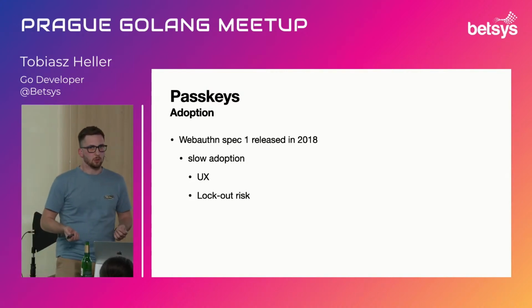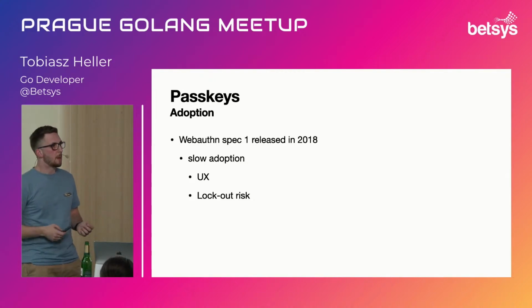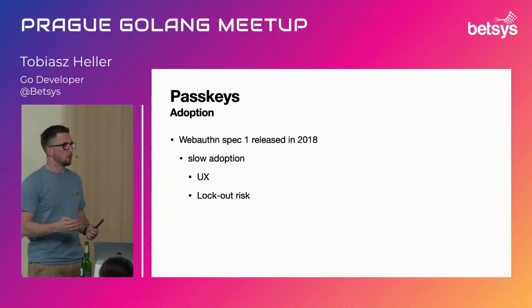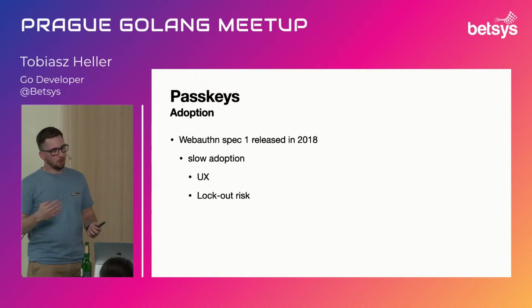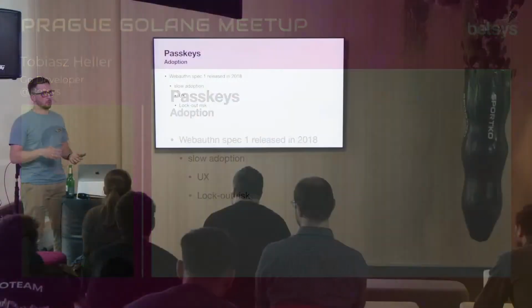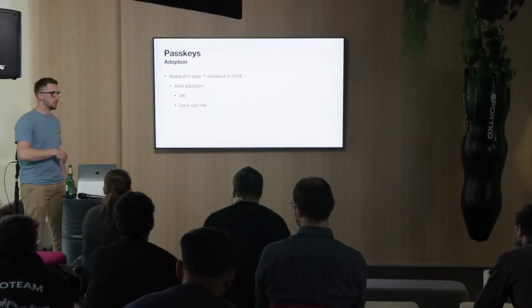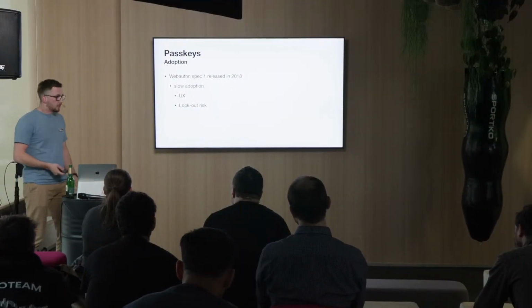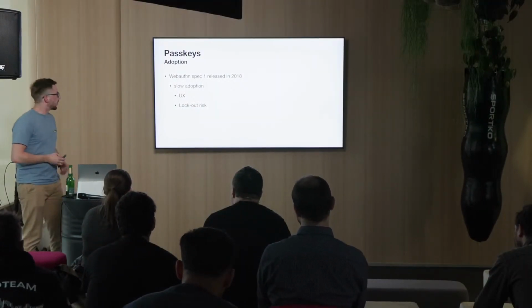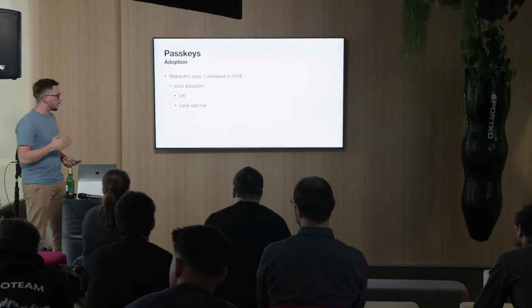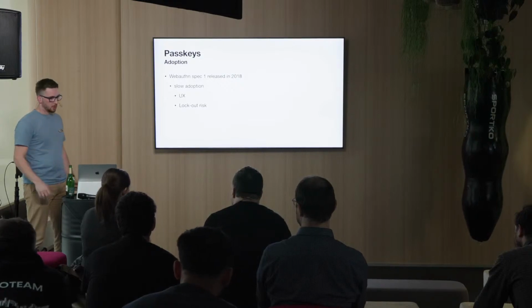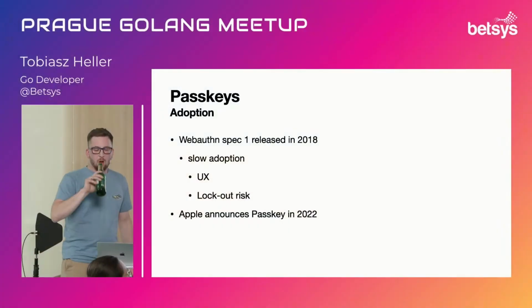So what companies were doing, they were always requiring you to set up more than one passkey. For example, if you go work for some security company, they were always sending you two YubiKeys. One should be used daily, and the second one should be stored in your drawer or somewhere. But basically, this lockout risk and bad UX resulted in quite slow adoption.